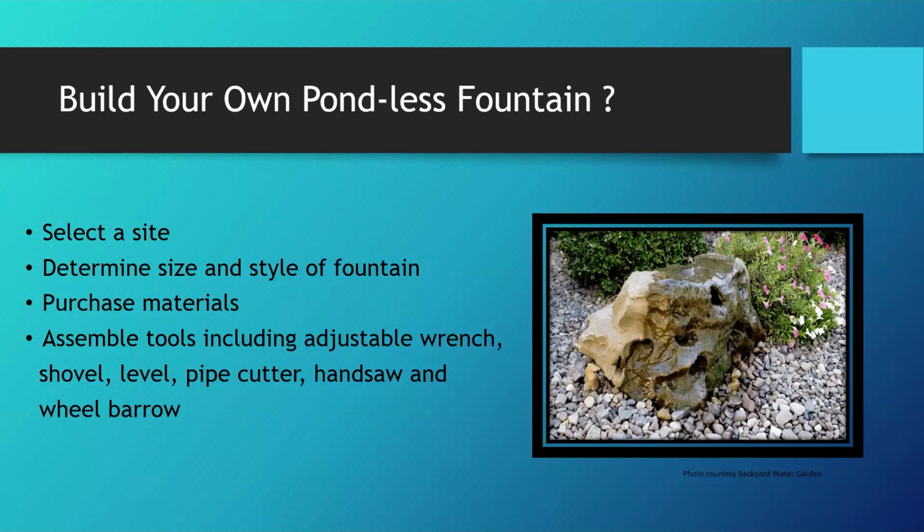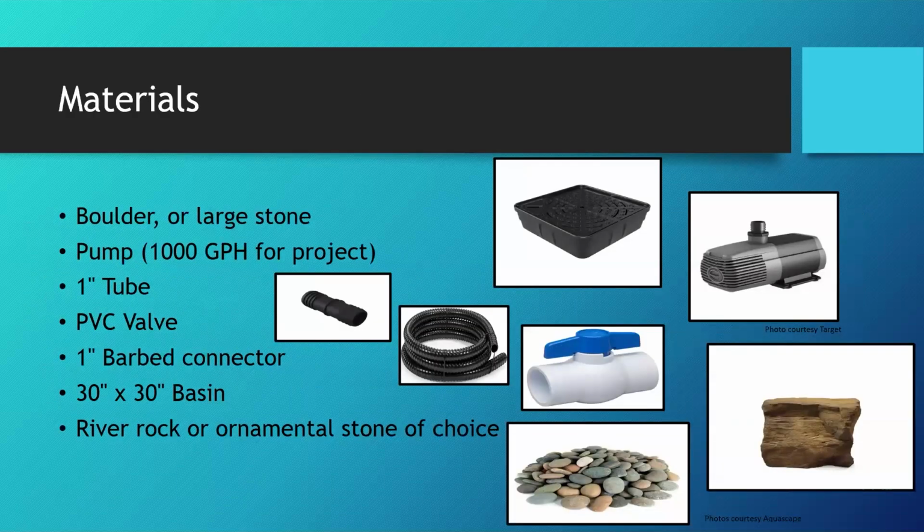So you're going to need to select a site, determine a size and style of a fountain, purchase the materials, and assemble your tools, including an adjustable wrench, a shovel, a level, a pipe cutter, a handsaw, and a wheelbarrow. Now, these are the general basic materials that may be required for a fountain project.